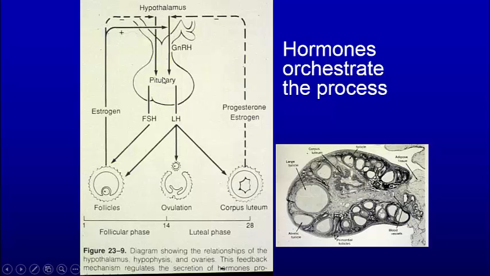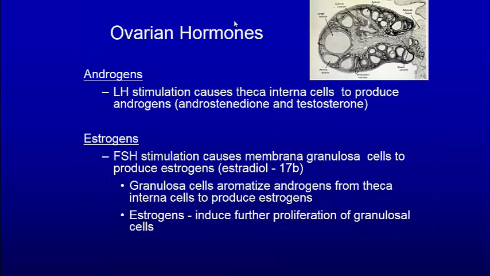So, GnRH in the pituitary, you get FSH and LH, and that stimulates follicular development or corpus luteum development. And from there, you have steroid hormones in both cases that feed back on the hypothalamus and the pituitary. So LH causes the theca interna to produce androgens, testosterone to start with.